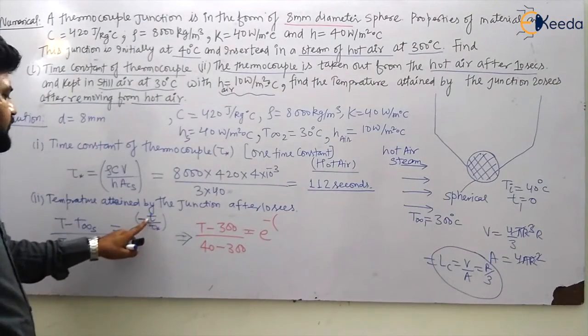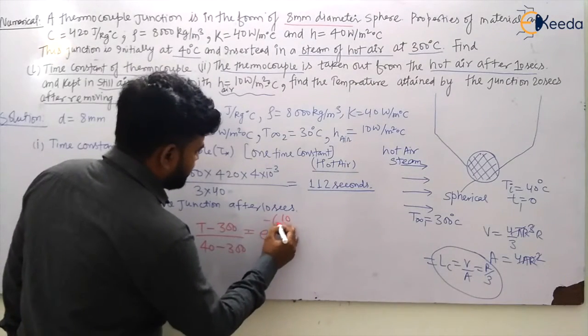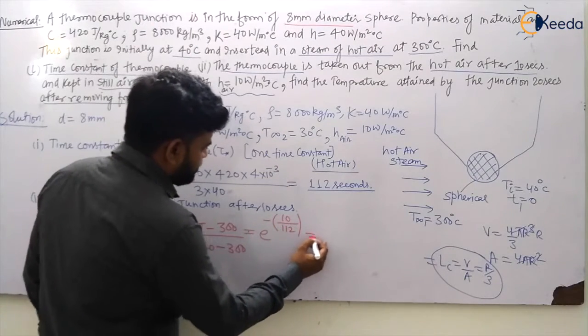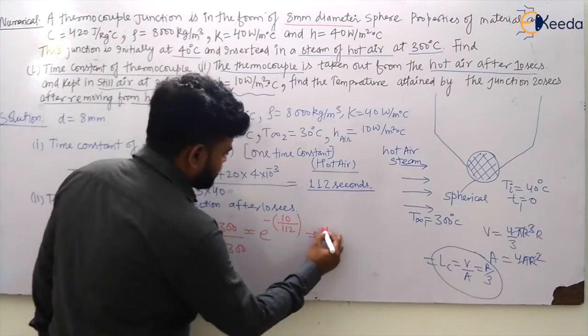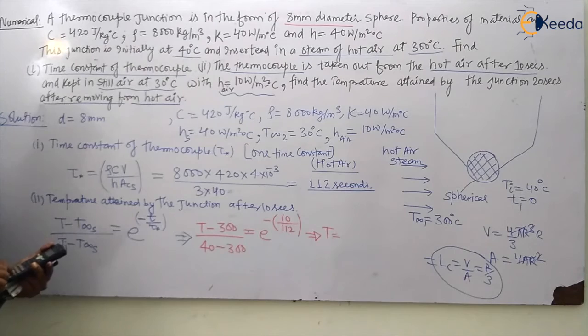So can we calculate T here? They have given the time as 10 seconds. So this will be 10 divided by the time constant, which is 112. From here I can calculate the temperature T, which will be e to the power minus 10 by 112, multiplied by (40 minus 300), and then plus 300.